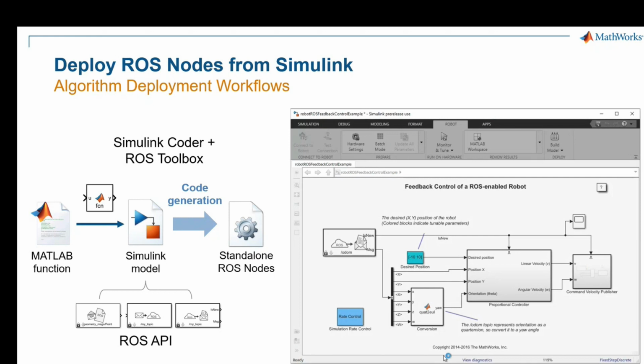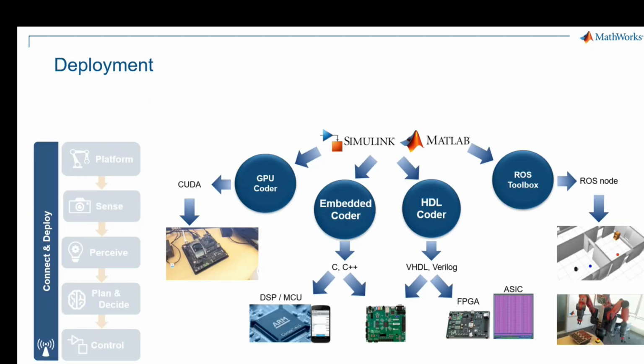And to finalize our workflow, talking here about deployment with ROS, I would also like to mention that deployment can be in several formats. We can deploy for embedded targets in C, C++. We can deploy for FPGAs in VHDL, Verilog, and we can even generate CUDA code for NVIDIA graphics cards.